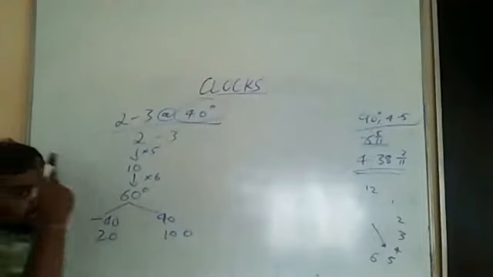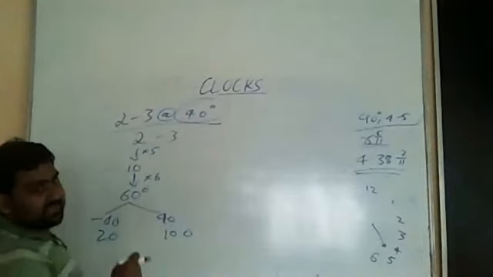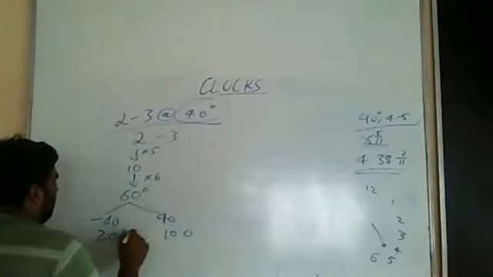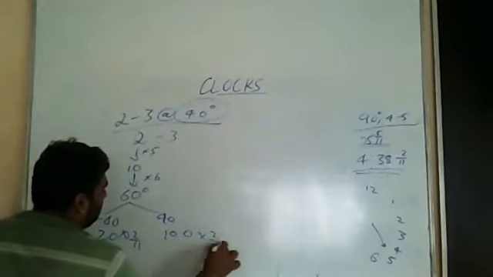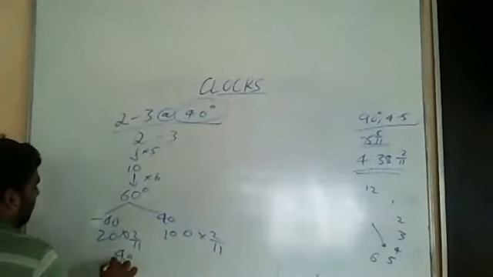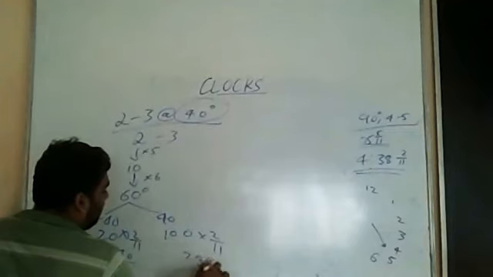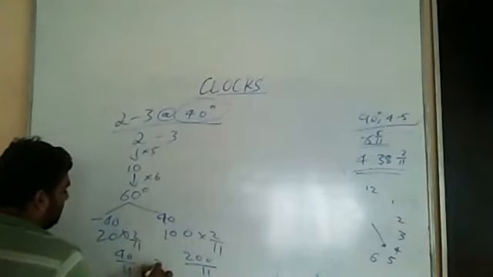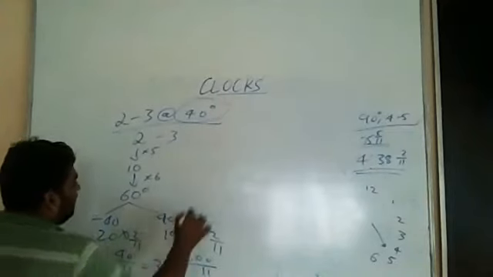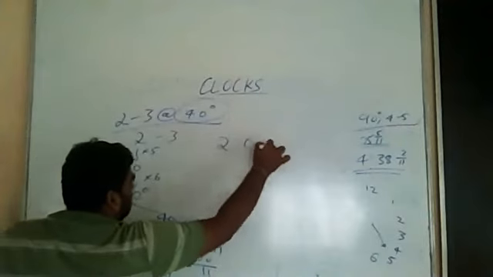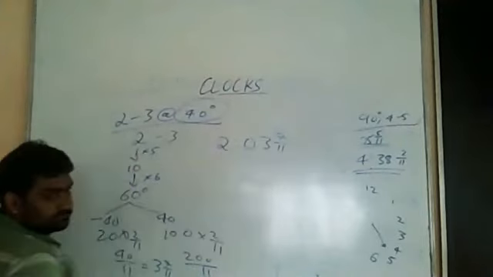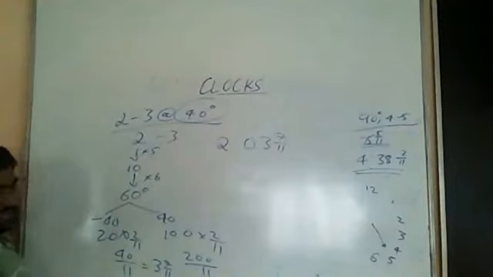This you get as 20, this you get as 100. Both are positive, which means there are two instances. There are two answers. You multiply it by 2 by 11, you multiply this also by 2 by 11. You get 40 by 11 and you get 200 by 11. So one time is 2, 3 and 7 by 11, somewhere between 2, 3 and 2, 4.